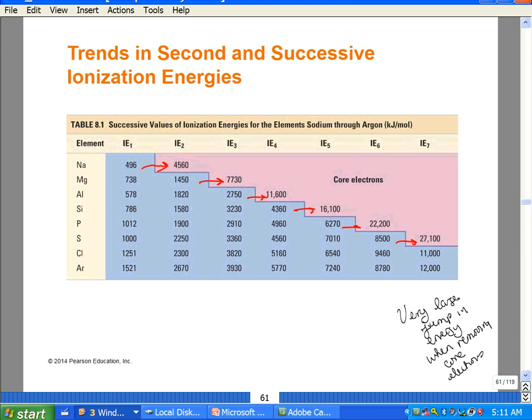They do not want to be removed, and a lot of energy has to be put in to pluck an electron out of the core. So keep that in mind. They're experimentally determined. You just need to know that the ionization energy increases a whole lot when you start trying to pull out core electrons. Okay?